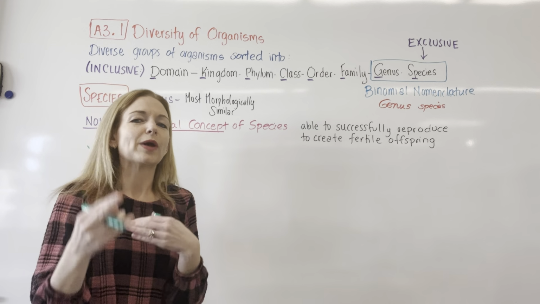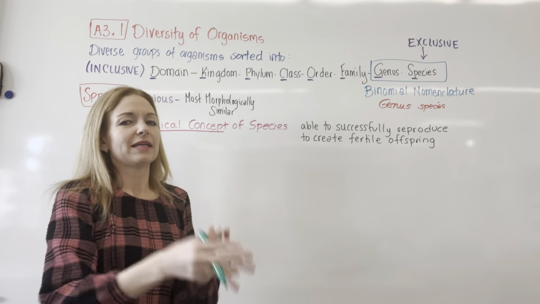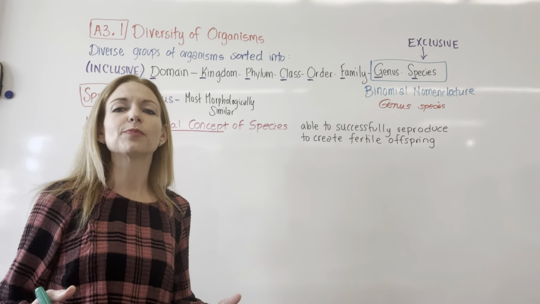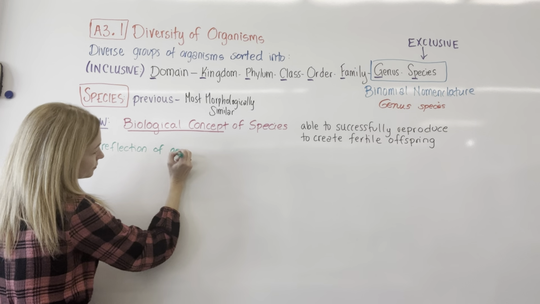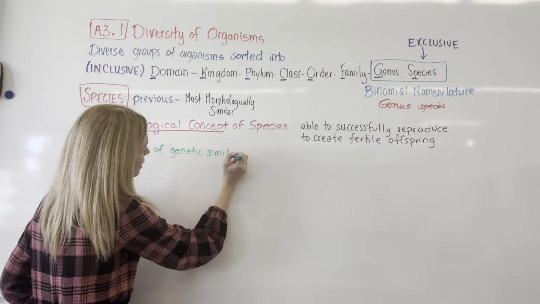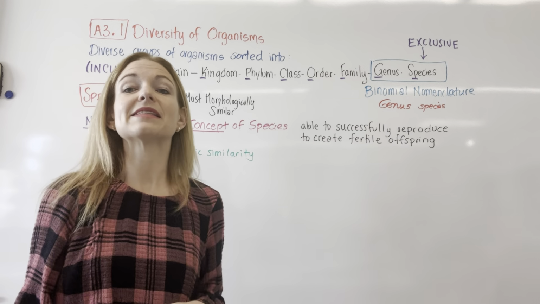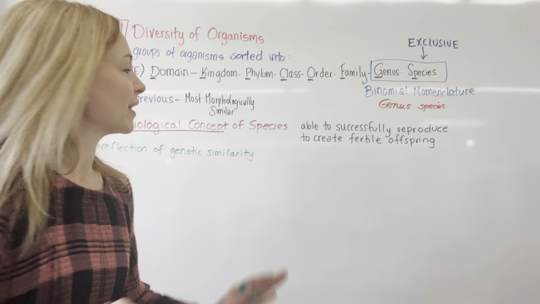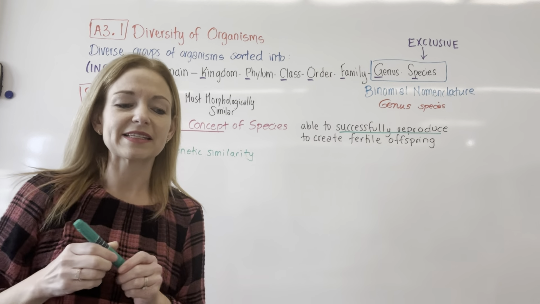It's not directly saying this amount of DNA similarity, but the ability to reproduce and create successful offspring stems from genetic similarity. So it is an objective way of creating a cutoff for being genetically similar enough. Successful reproduction is the result of genetic similarity.